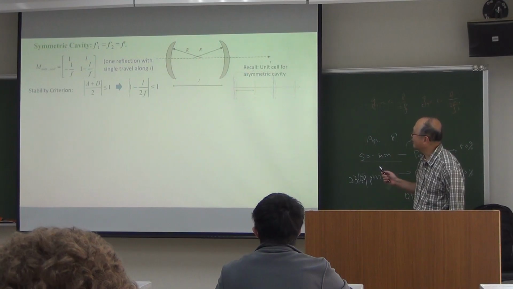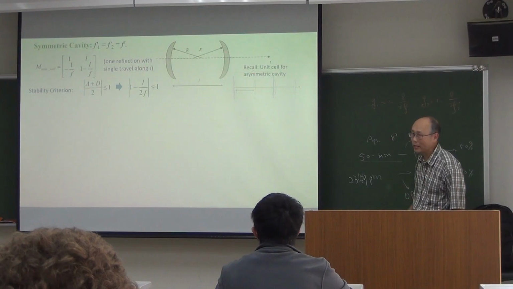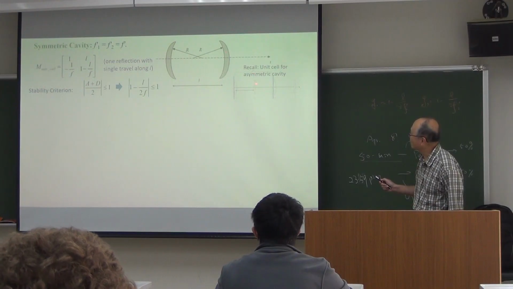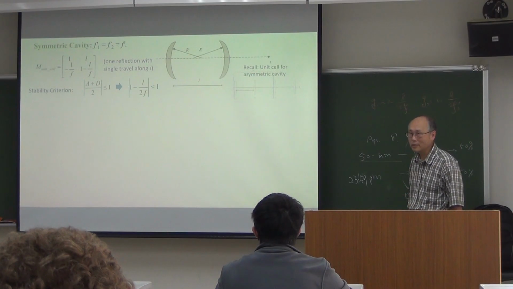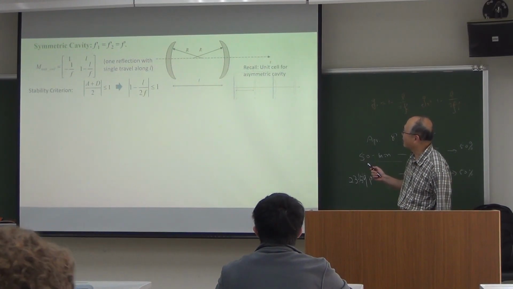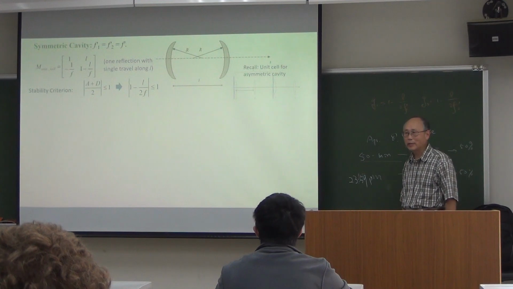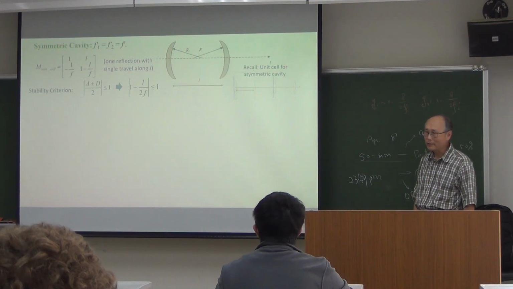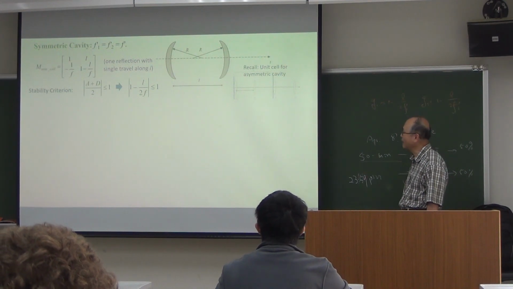You're going to see that you don't need to have 2 lenses in the unit cell anymore. You just include 1 lens, that is sufficient, because a unit cell by definition is a cell repeating itself in the lens array.